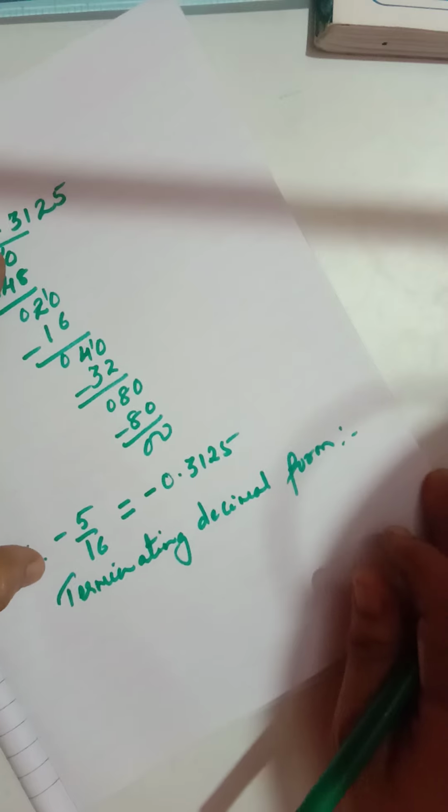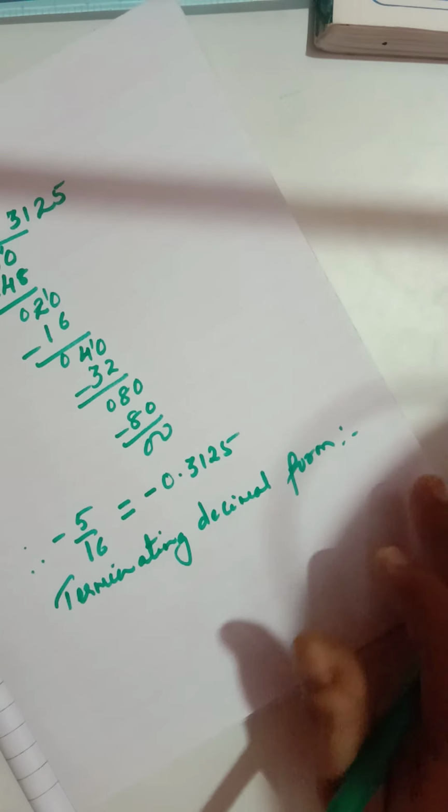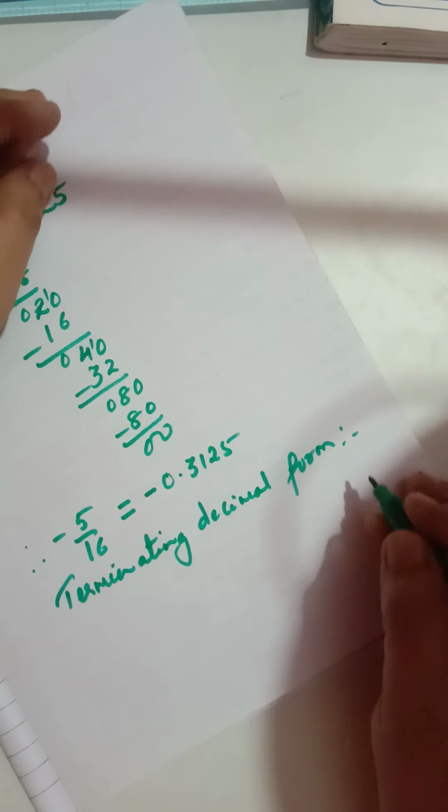Terminating decimal form means, children, when we get the remainder 0. So let us write the definition.